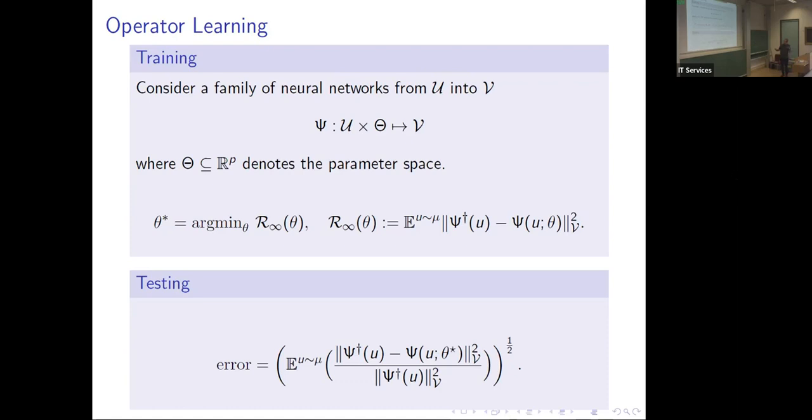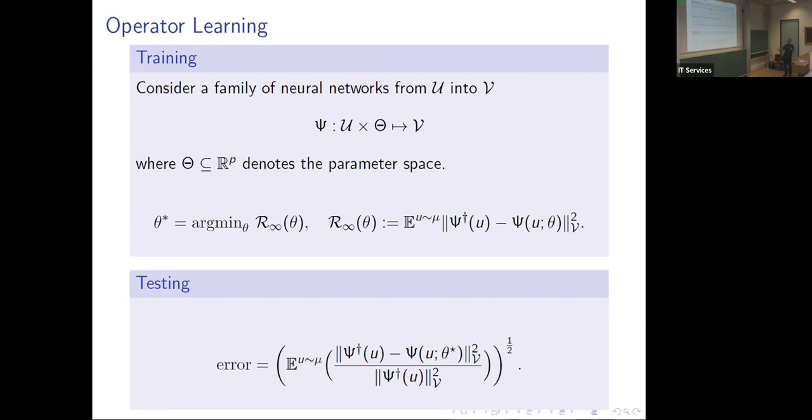And the traditional approach to supervised learning, which we're here generalizing from the standard settings of, for example, image processing, to this setting in which the inputs and outputs are themselves functions, is to try and choose the parameter theta so that from within this operator class psi, you pick a value of theta so that psi picked from this class is close to the truth psi dagger.